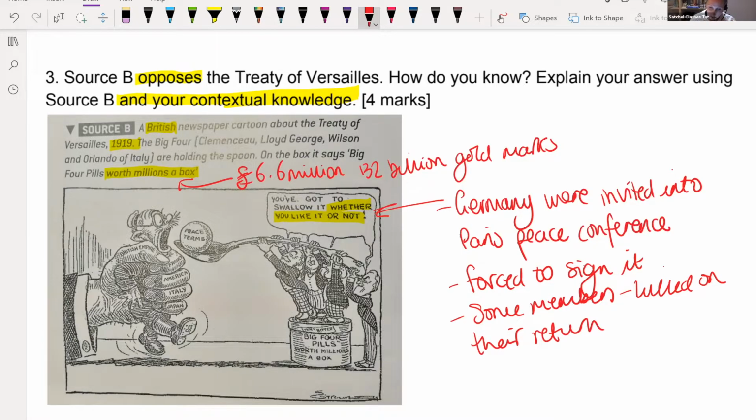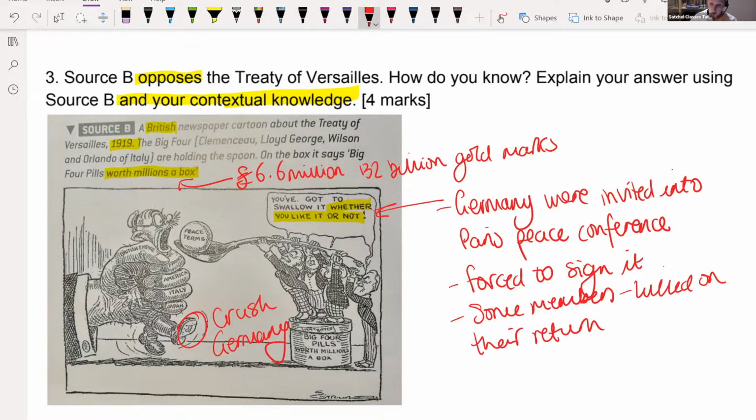Okay, I know that the big 4 forced Germany into signing this and I know the fact that Germany is squashed on the bottom of his shoe there, that they knew that it was intended to crush Germany, right? How do I know that it opposes the Treaty of Versailles?